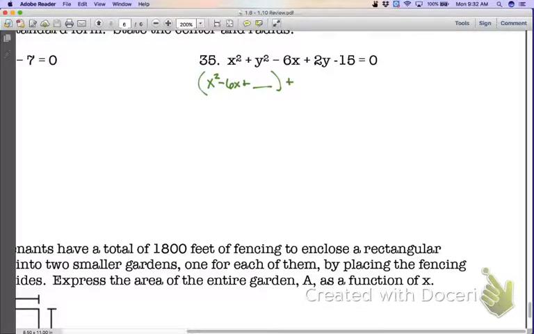Do the same thing with my y. And then send the 15 over to the other, or the negative 15 over to the other side. So then whatever's in my blank, I'm going to have to add the same thing over to the right side.